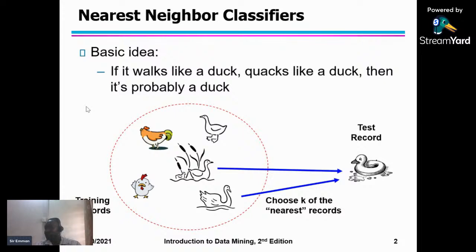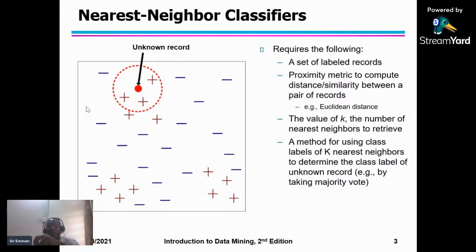And then once we train, we choose k of the nearest records, the ones nearest to the record we want to test. Once we choose that, we assign the label, and we say, oh, okay, then it's this because it's very close to that. So we label the test record.